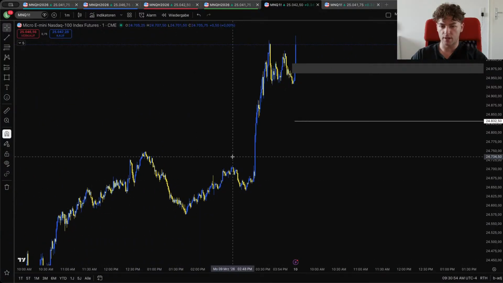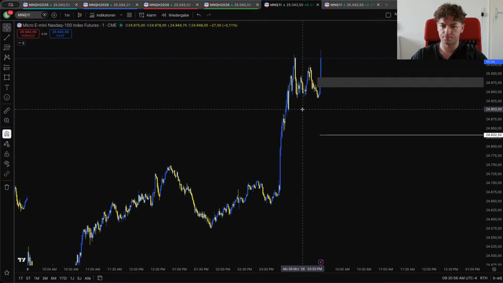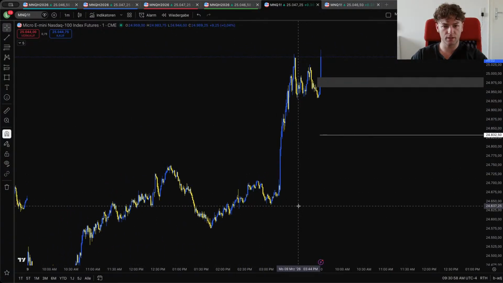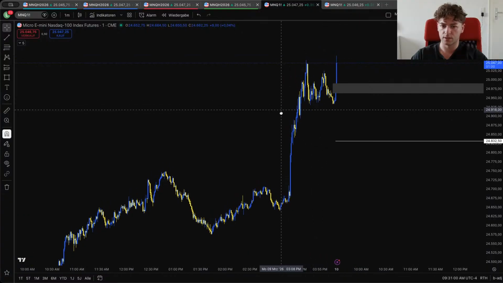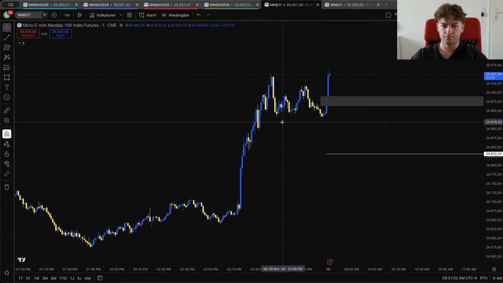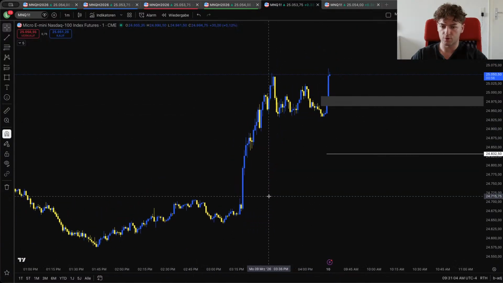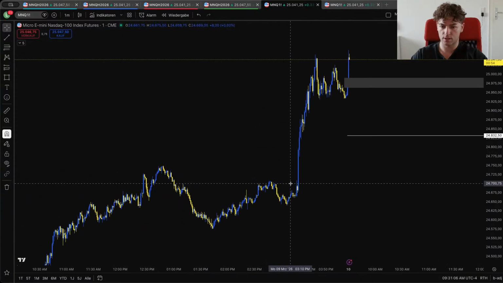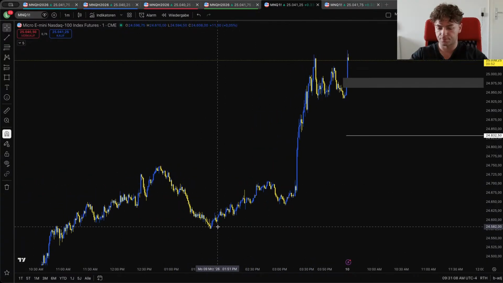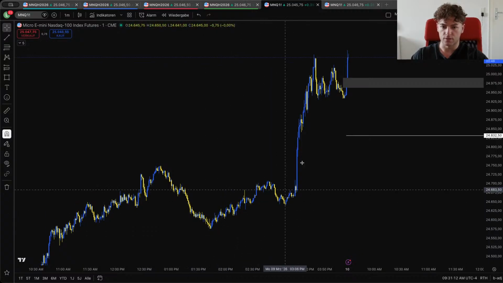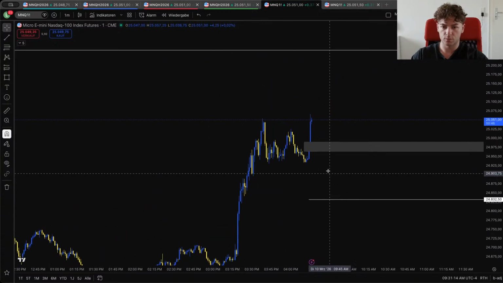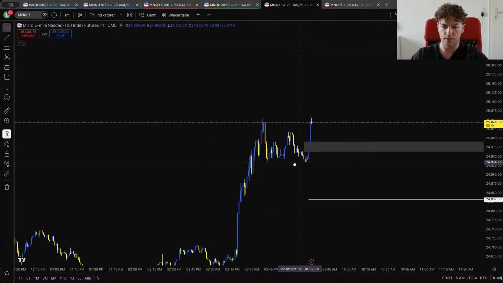I don't think price is wanting to go lower today. I think we are seeing major movements rather to the upside than to the downside. So I'm not focusing on these lows too much. Maybe we could see some manipulation lower, take out these lows.